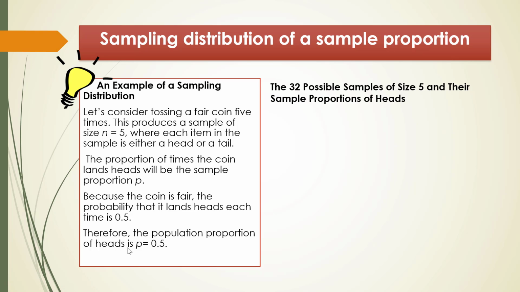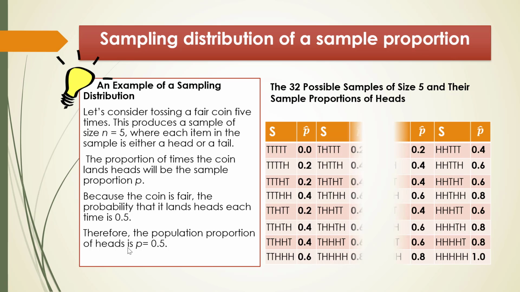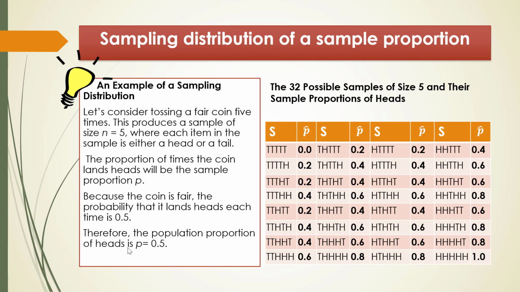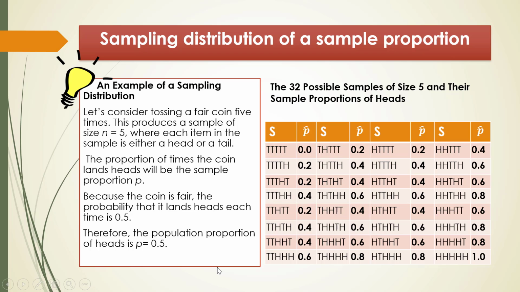Now, when we look at the outcomes, there are 32 possible samples of size 5, and their sample proportions of head are presented in this table. So a sample of size 5 can be either tail, tail, tail, tail, tail, or tail, tail, tail, tail, head, and so on. For each of these samples, we compute the proportion of landing head.